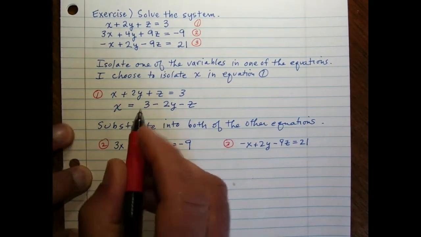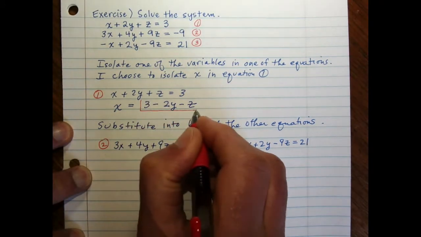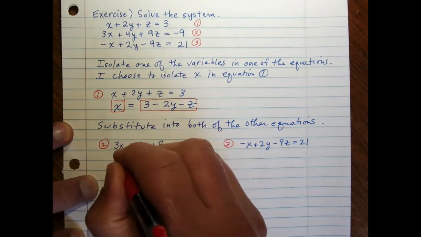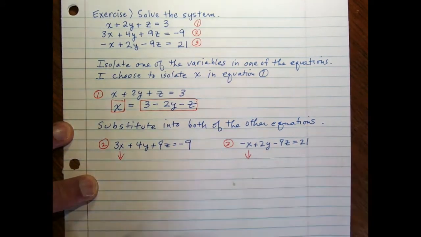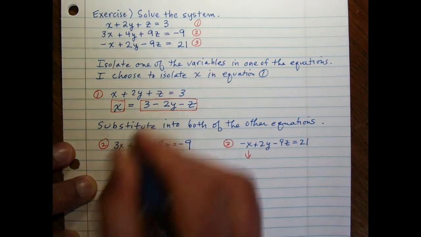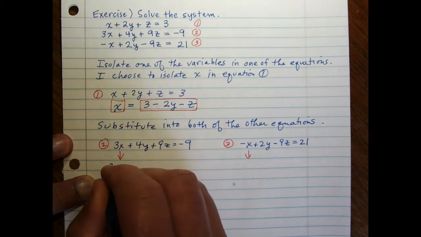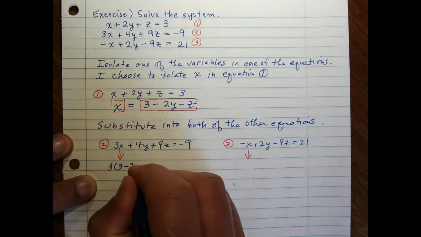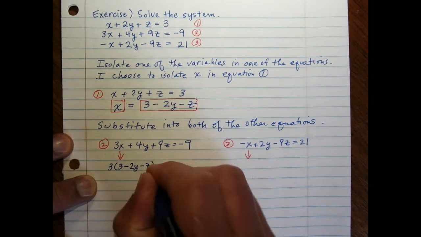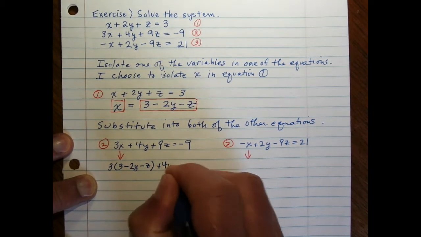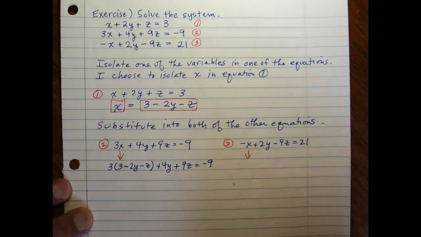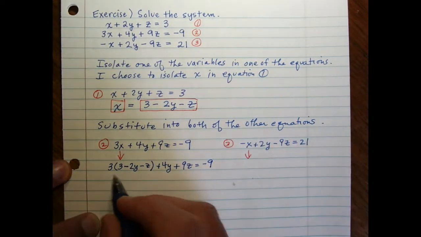And the idea for my substitution comes from what we did right here. So in each of those, I'm going to replace the x with that expression. So in number 2, I have 3 times (3 minus 2y minus z) plus 4y plus 9z equals negative 9. And I want to work on this a bit.